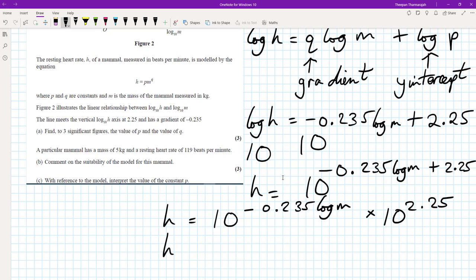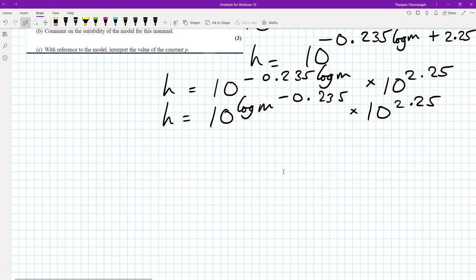So we can also apply the laws of logs again by saying 10 log m raised to the power of minus 0.235 times 10 to the power of 2.25.